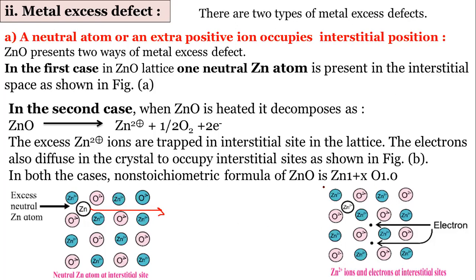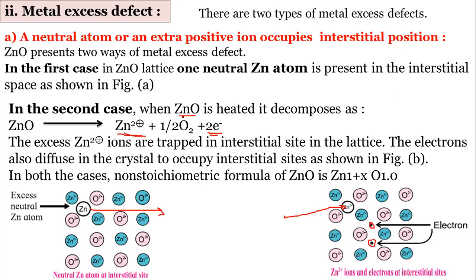In the second case, when this ZnO is heated, what will happen? It will decompose and produce Zn2+ ions plus 2 electrons. We can see here the Zn2+ ion, this is the first electron, this is the second electron.